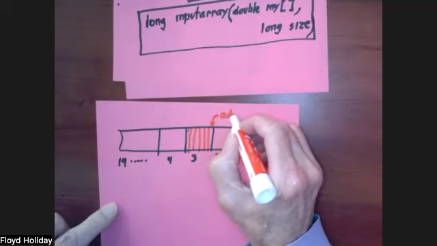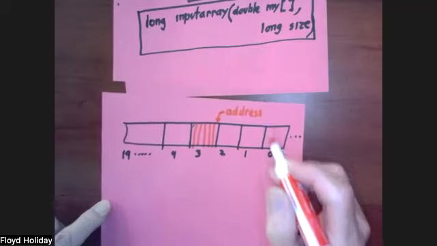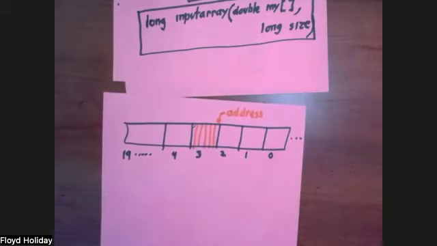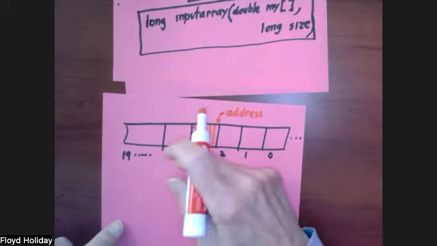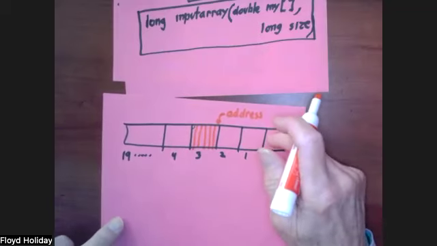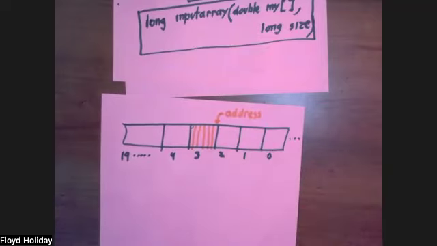So there's 2 numbering systems in effect: the cell counting numbering system, and then the byte counting system that's part of RAM, part of the machine's memory.